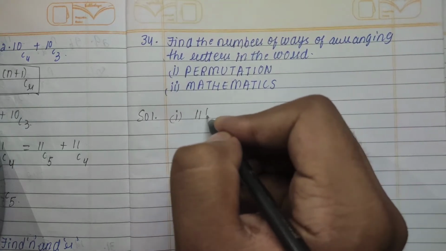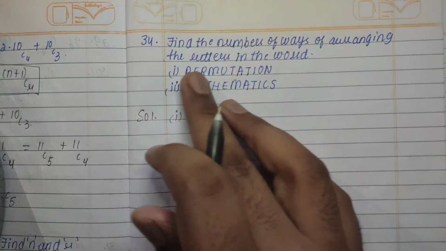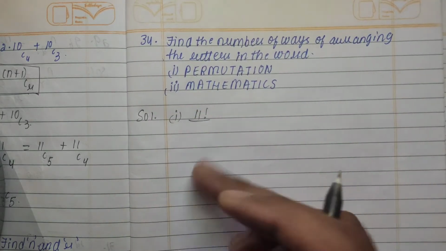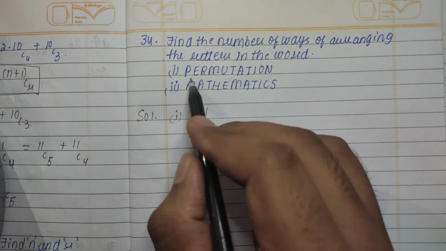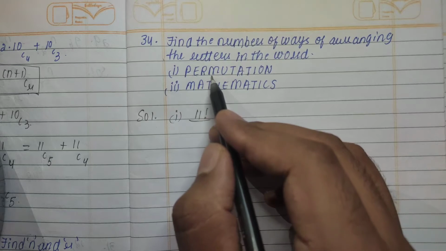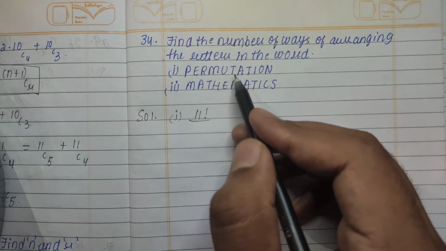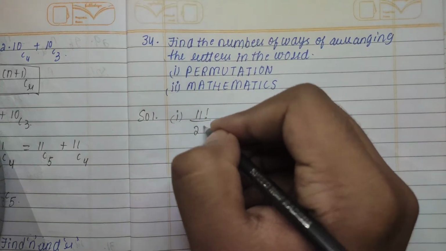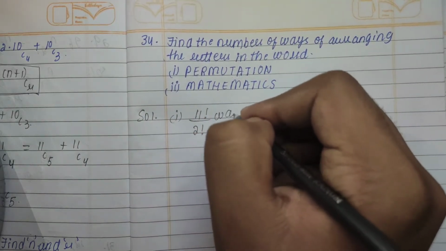So this becomes 11 factorial by, if there are any repeating terms, we have to write them in the denominator. P is not repeating, E is not repeating, R is not repeating, M is not repeating, U is not repeating. Only T is repeating twice. So this becomes 2 factorial.